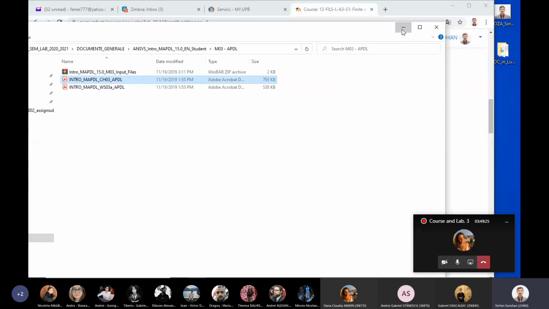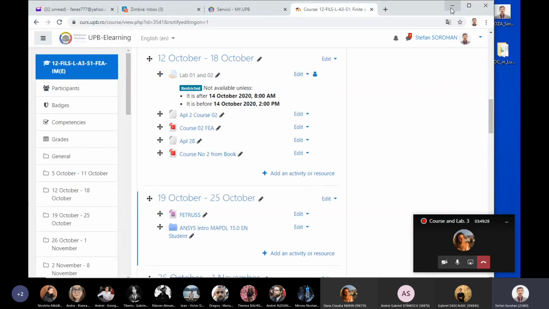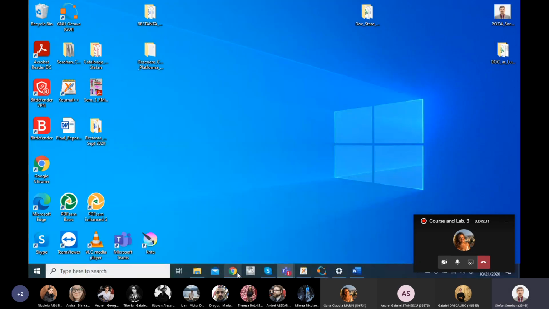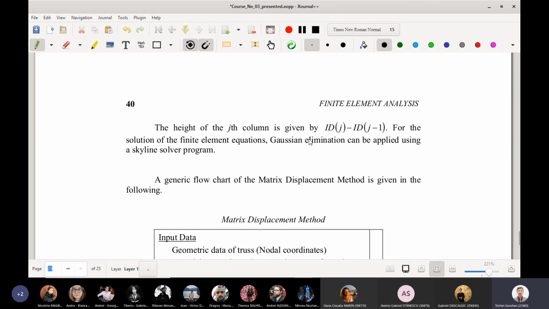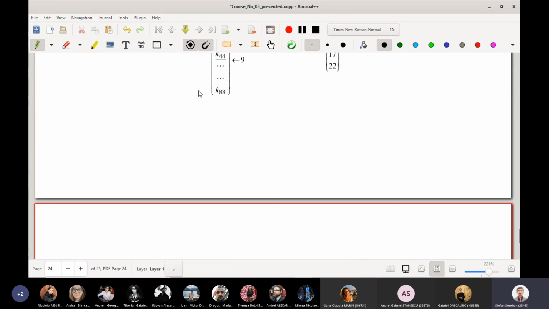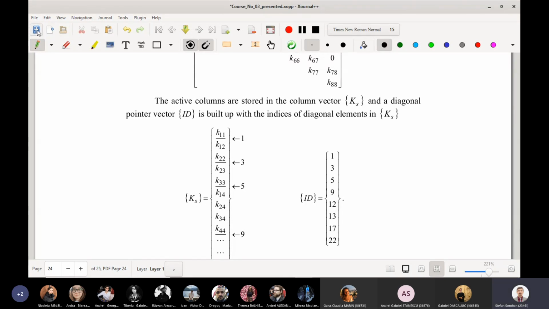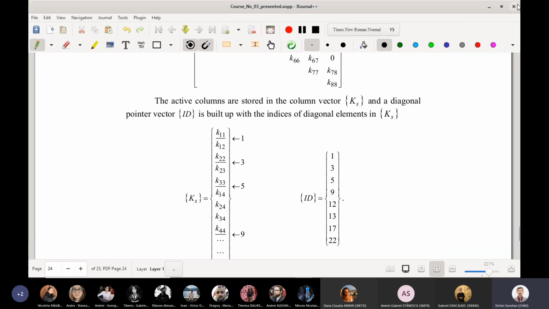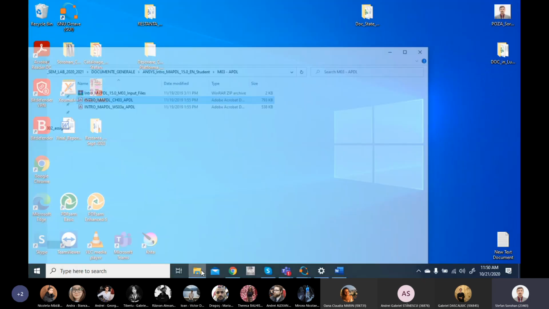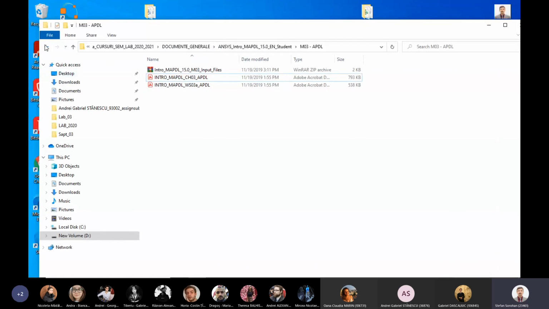I will also load the course, because after that I must go. So this is our course here. I will save it because it's also the lab. It was the PDF file.